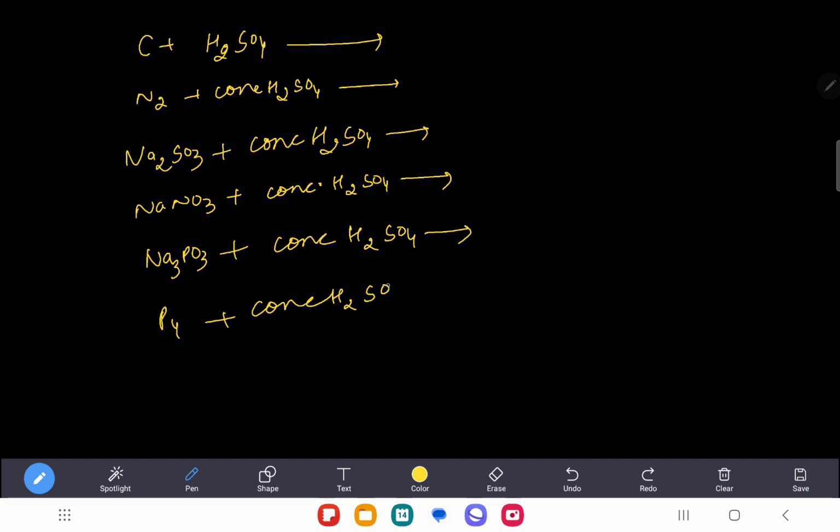All the reactions are exactly the same. So here concentrated H2SO4 is acting as an oxidizing agent. I hope you're understanding.